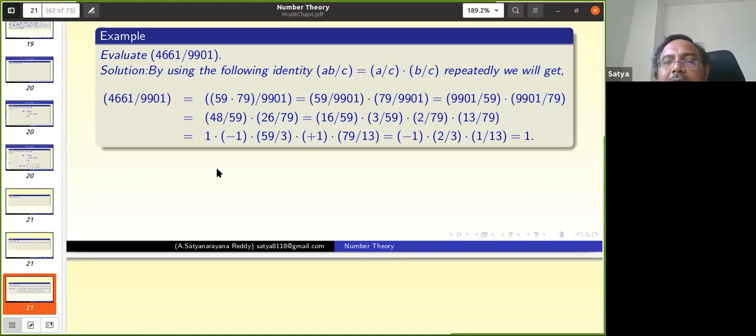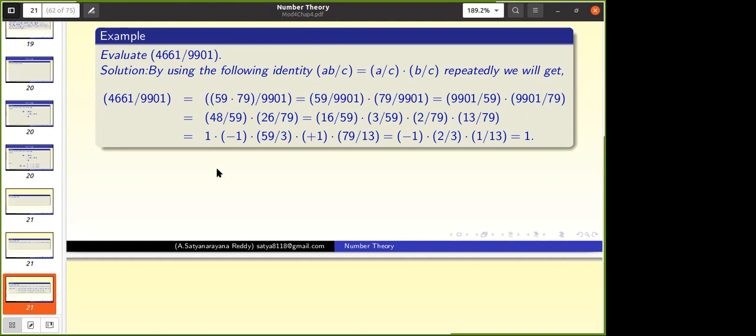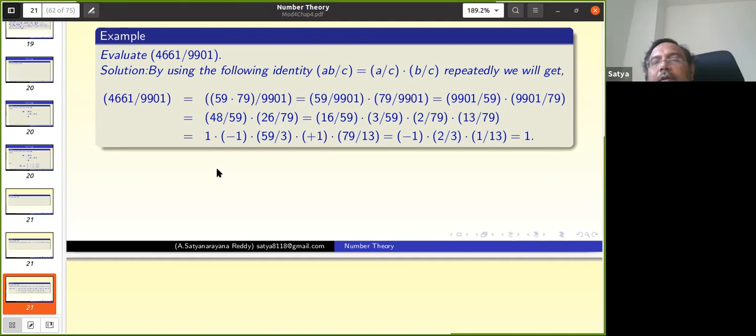But why is 2 by 79 plus 1? We know that 2 by p is 1 if p is of the form 8k plus 1 or 8k plus 7, right? So 79 is of the form 8k plus 7. So that is 1. So that part is done.